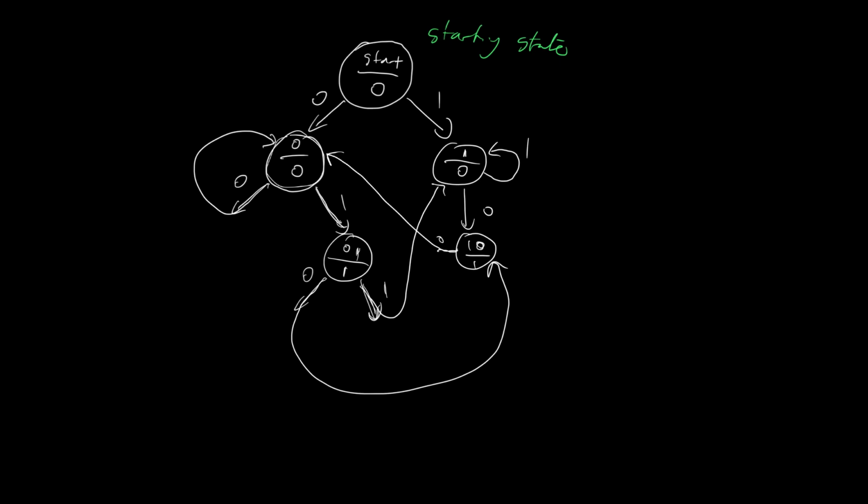As soon as we get a 1, we've detected a transition. On the other hand, in this state here, if I get a 1, well, my previous input was a 0. My current input, if I now get a 1, that means I go over here. I've detected a 0 followed by a 1. So I've got a 1 down here.